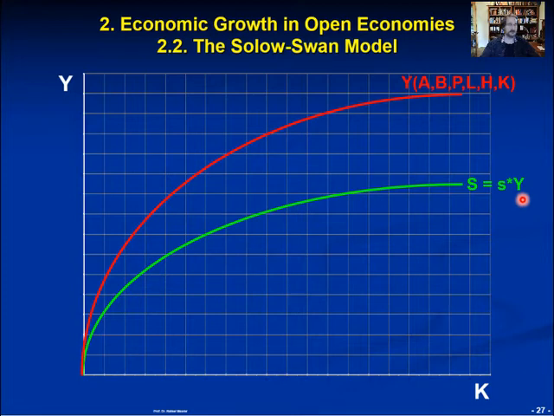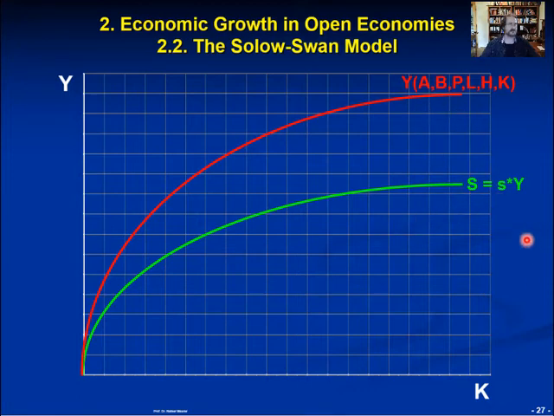So if the savings ratio is a value below 100%, what is typically the case for Germany, s would be equal to 11%, the savings function lies always below the production function.